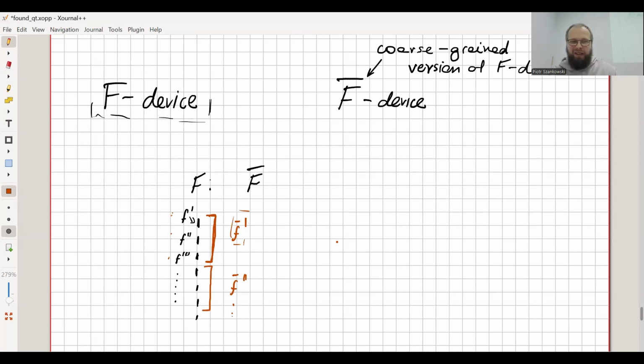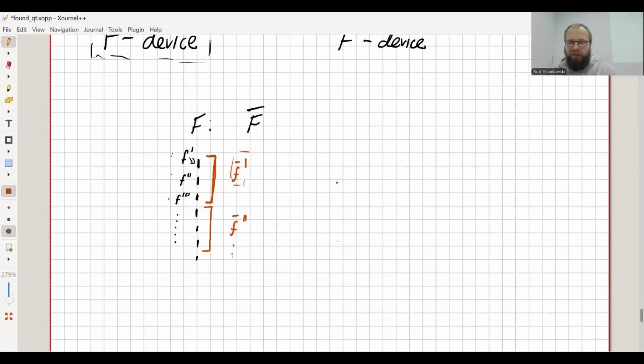To make it possible to talk about this stuff, let me introduce some notation. This will be the fine-grained measurements, and this bracket, I will call those brackets omega, small omega as a function of the result displayed by the coarse-grained device.